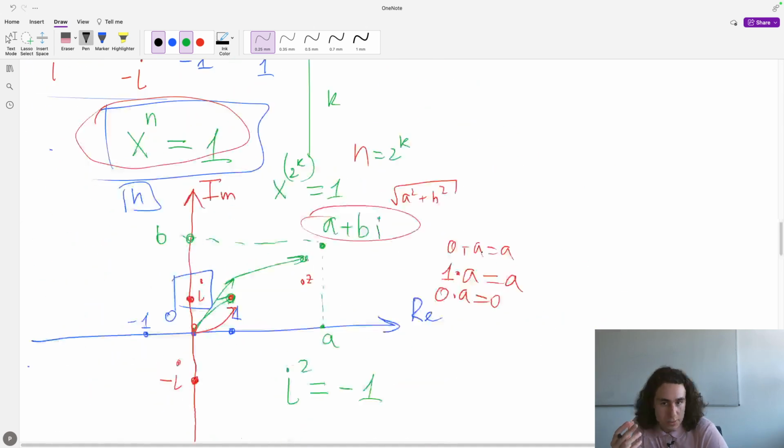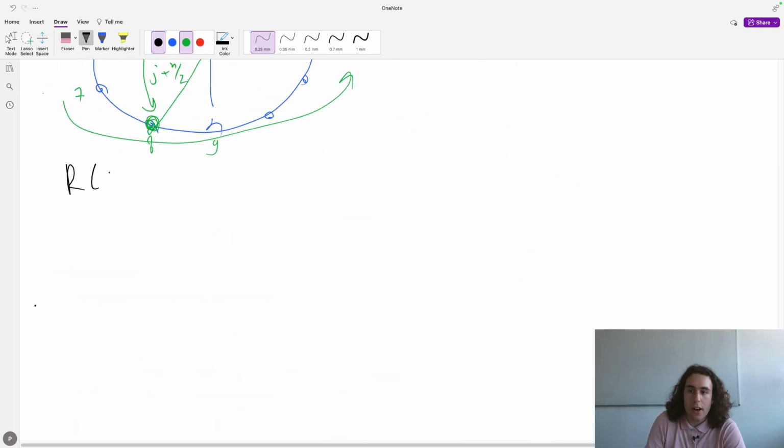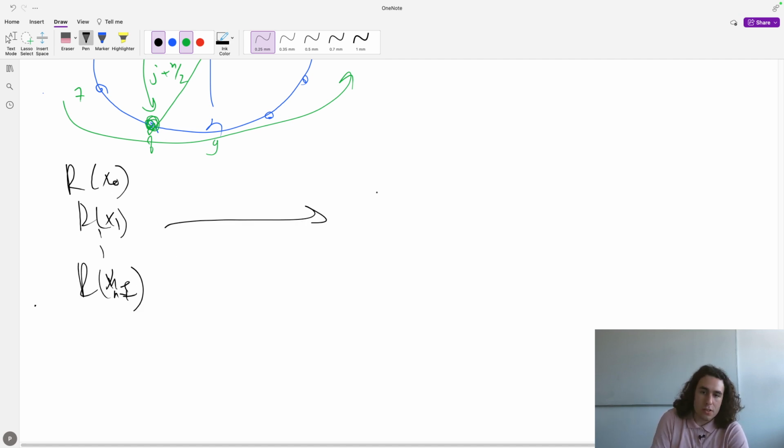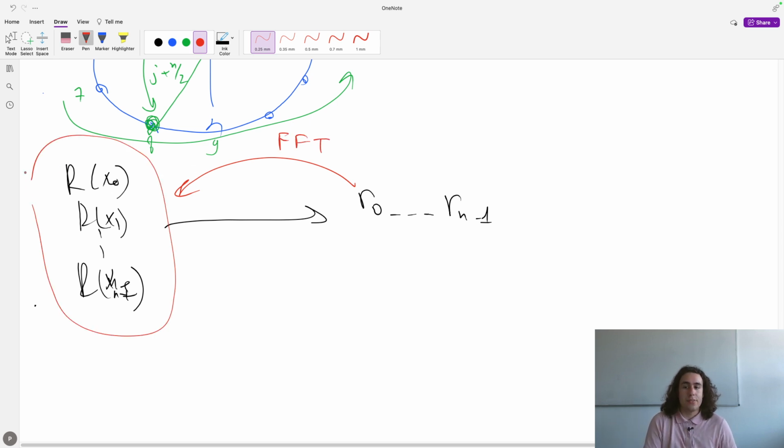But this is very simple because we have the values of r in a bunch of points, r(x_i) for i up to n minus 1, and we want the coefficients, right? I want to say that if we would already have the coefficients and we would apply FFT, we would get these values.